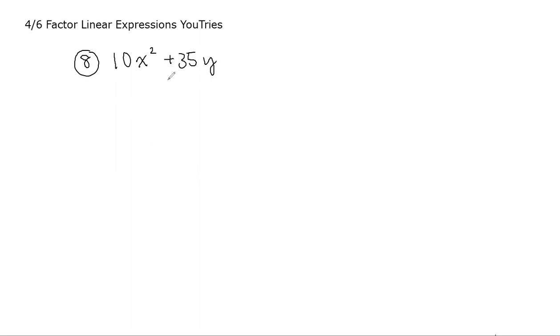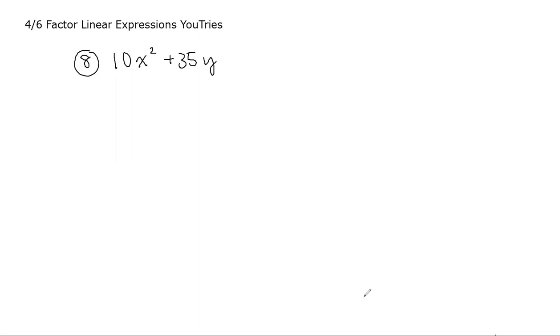Do they have any variables in common? One's got an x, one's got a y. Do they both have x? No. Do they both have y? No. So do you need to worry about the variables? No. Just because it's got a squared in it just means it's x times x. There's 2 x's that you're multiplying together, not adding together. So x times x. It doesn't really mean anything.